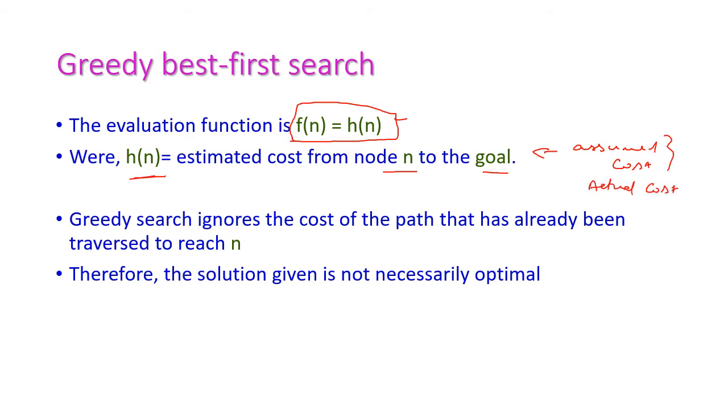This algorithm ignores the cost of the path that has already been traversed to reach the node. Already visited nodes will not be considered for traversing further, and therefore the solution is not necessarily optimal. That is, the greedy best first searching algorithm is not an optimal algorithm.